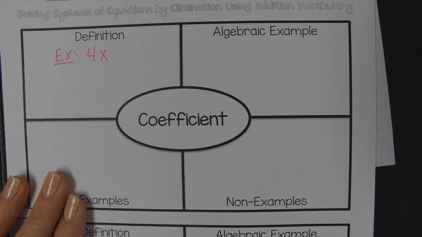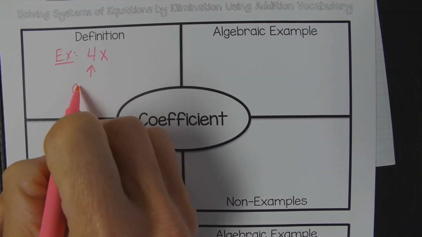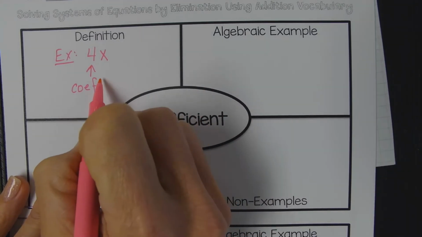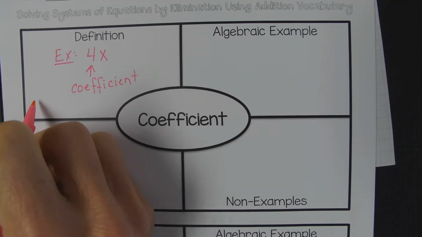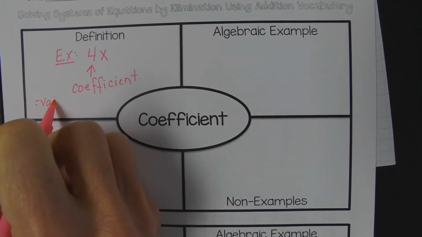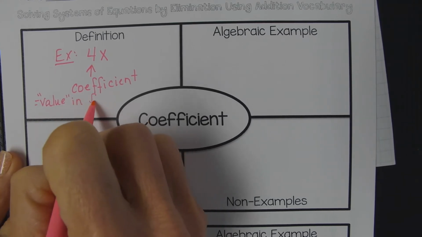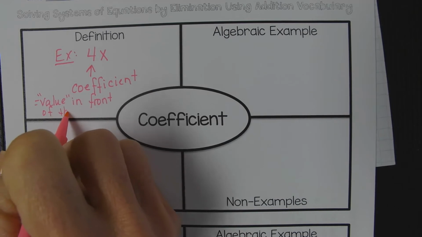The coefficient is 4. It is the value in front of the variable.